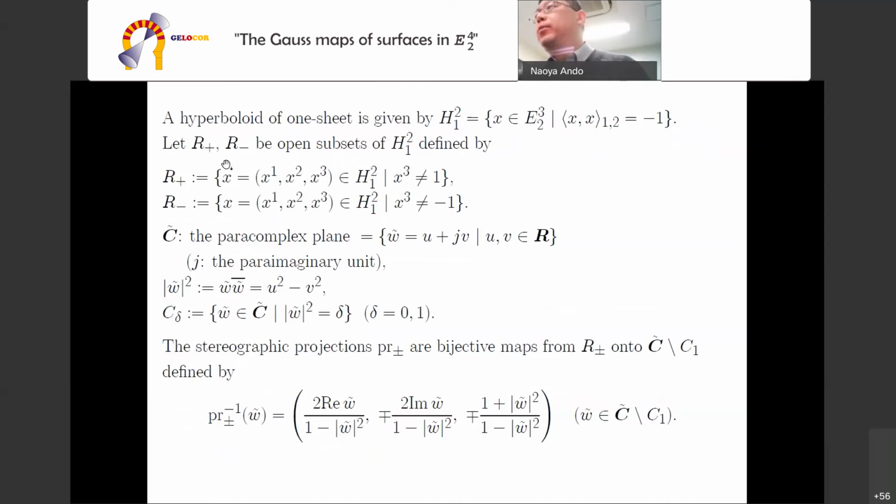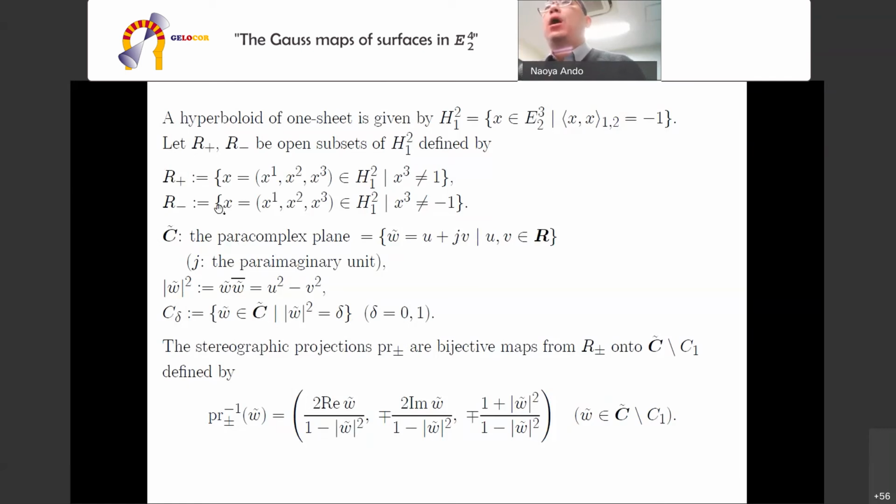Let R plus, R minus be open subsets of a hyperboloid of one sheet, defined by this. R plus is given by the points of H21 satisfying this: the third component is not equal to 1. R minus is given by this condition: the third component is not equal to minus 1.